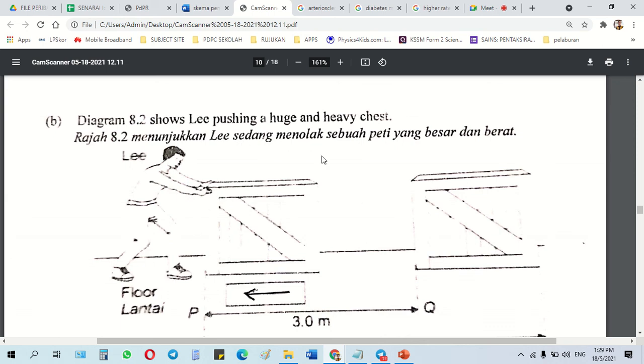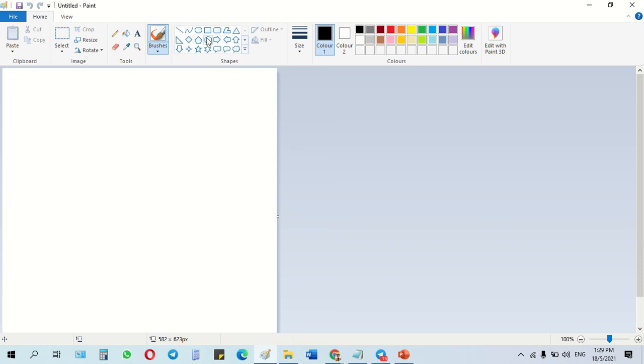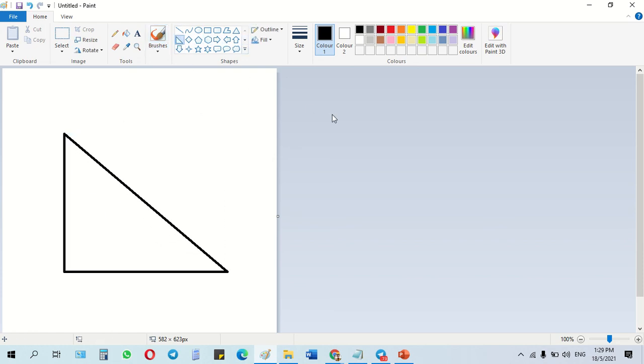Kalau gravity, let's say gravity kita letak mana pin. Okay, let's say this one, kalau case untuk ada gravity. Okay, and then dekat sini, of course kita bagi tahu the gravity dia mana pencil.